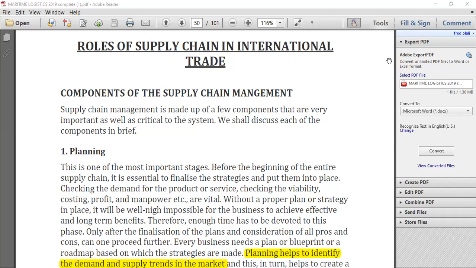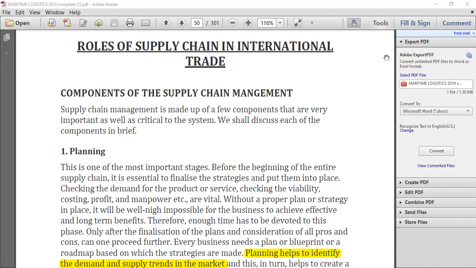Now, in supply chain management, planning becomes the key component when you want to organize how the goods are going to move from one point to another. It is said that is one of the most important stages. Before anything starts, it is very important to finalize the strategies and put them into place.